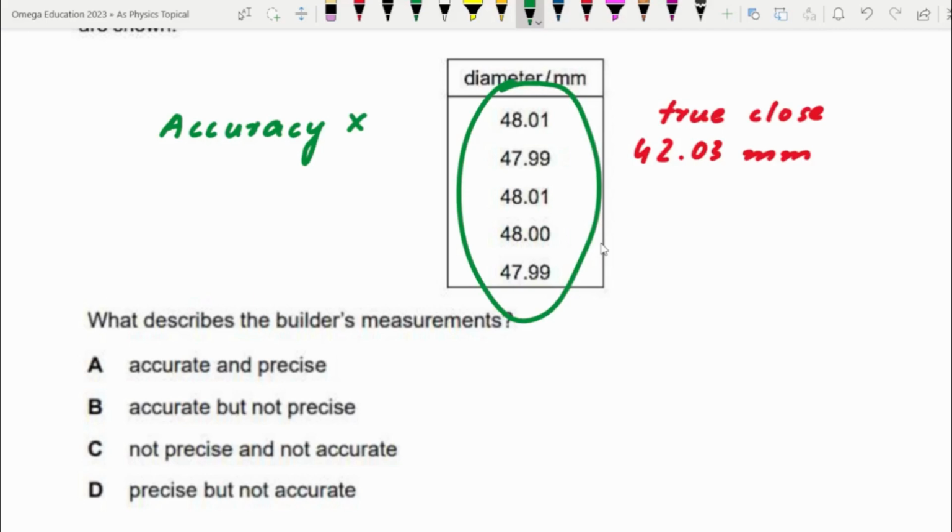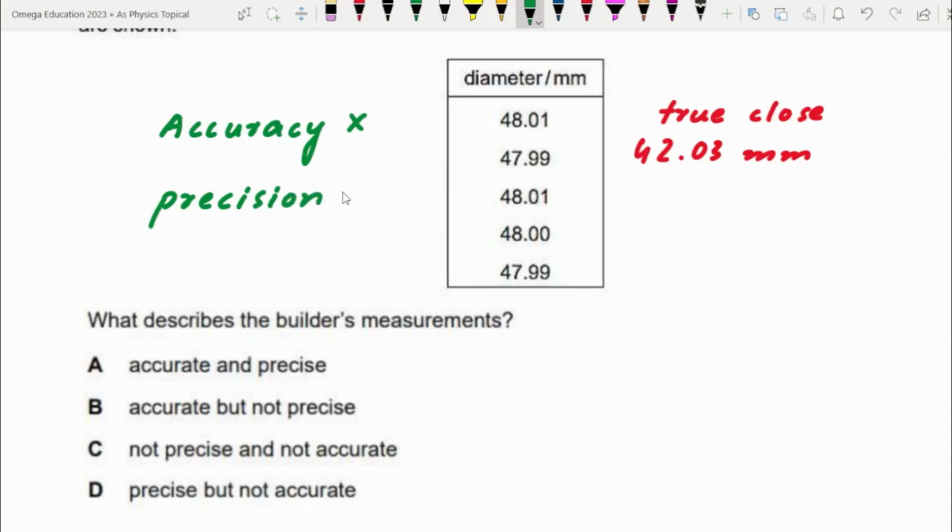Reading is 48 something or 47 something, but the range of the data is 0.02, which is too small. So the readings are quite close to one another. So we can say the precision is there, but the accuracy is not there. So precision check, accuracy cross. So precise but not accurate. D is the right answer for this one.